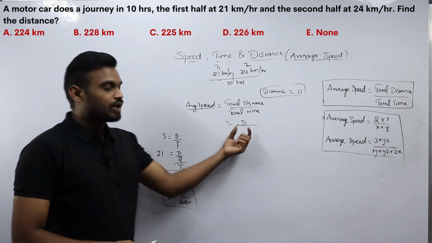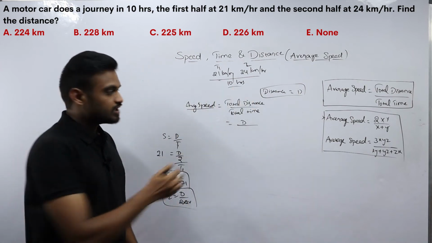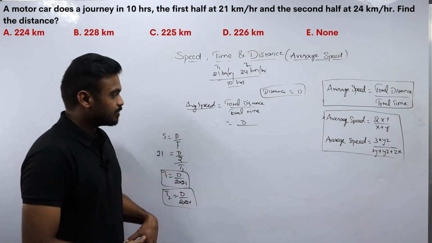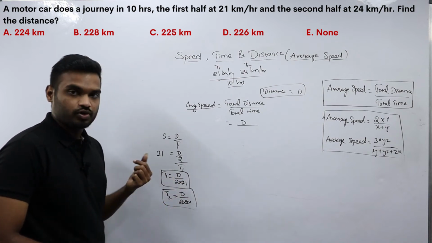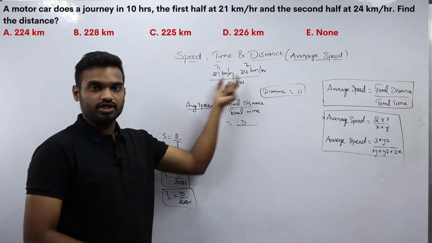See here, we don't know the total time, because if I substitute this total time here, I can't get the distance, as we don't know the average speed either. That's the reason I am writing this total time as d by 2 into 21 and d by 2 into 24, because I am taking this t1 and t2 from the data given in the question.